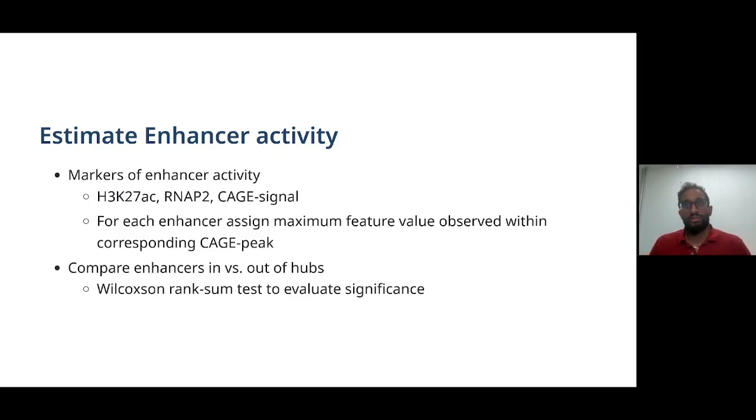For each enhancer, we assigned the maximum level of any of the three epigenomic features found within the corresponding interval. To compare the distribution of enhancer activity inside versus outside the hub, we compared this activity distribution using a Wilcoxon rank-sum test to evaluate the significance.